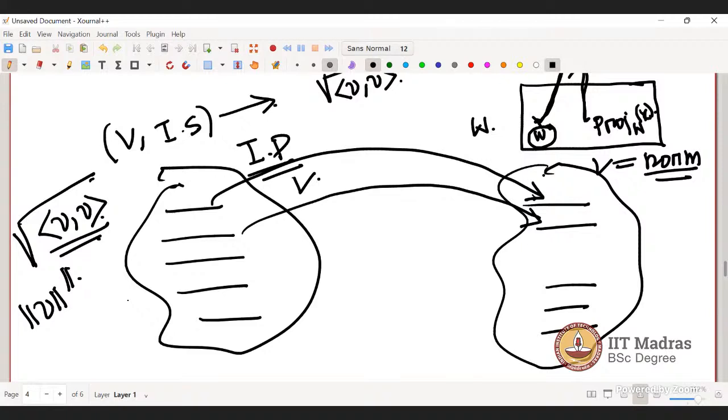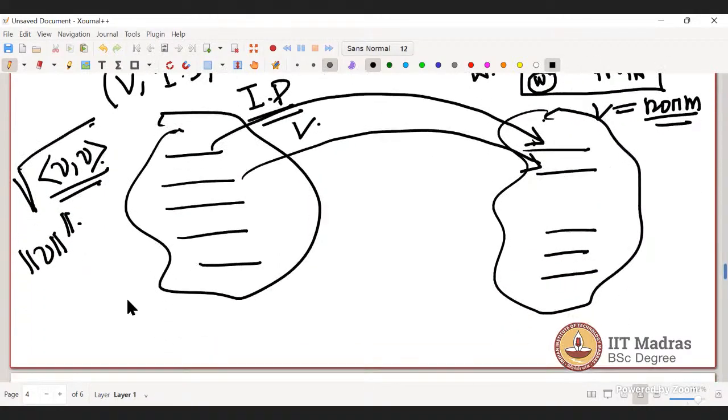I know the proof of Cauchy-Schwarz, I want to know how it is applied here. We'll come to that later.